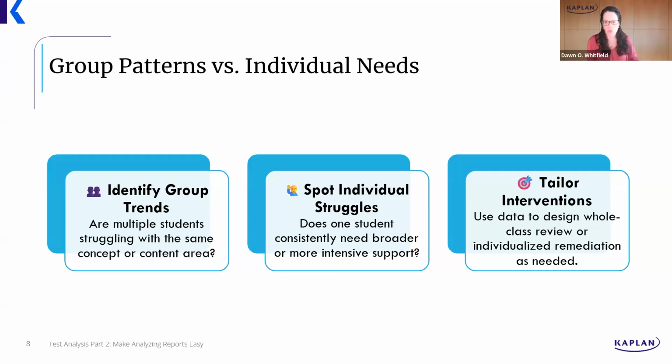At the same time, one student might be missing questions across multiple topics, again indicating a broader issue, perhaps with study habits, time management, or deep content comprehension. And tailor interventions. The power of test analysis lies in being targeted. Use your findings to decide if the solution should be a class-wide strategy, like a concept review, or a personalized plan with tutoring or remediation.